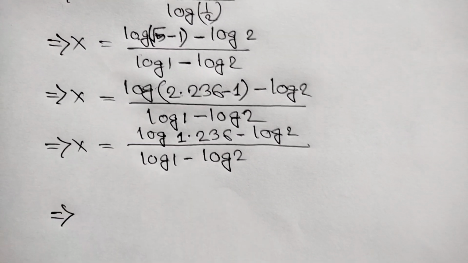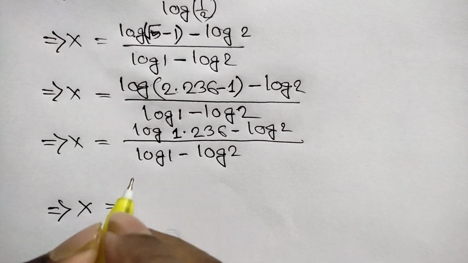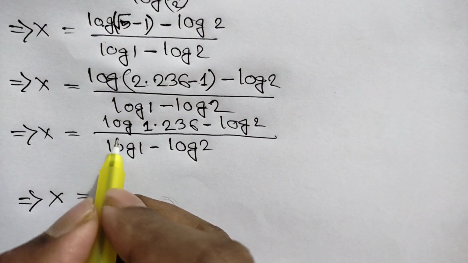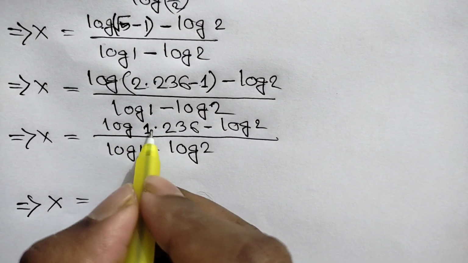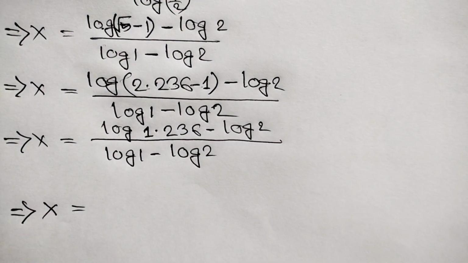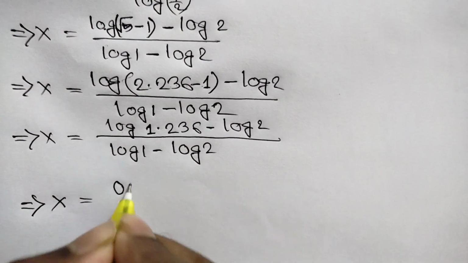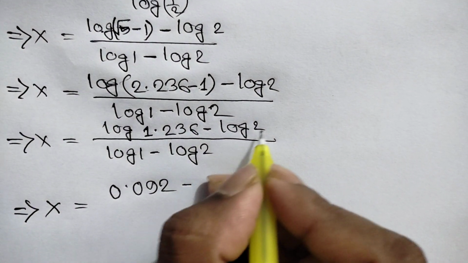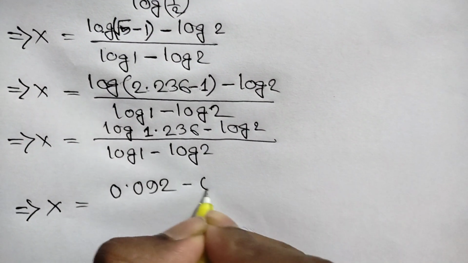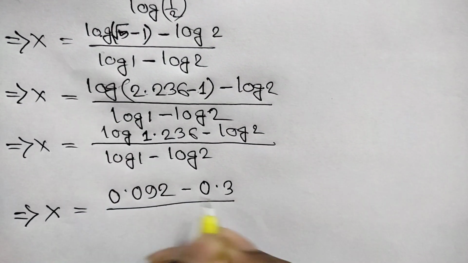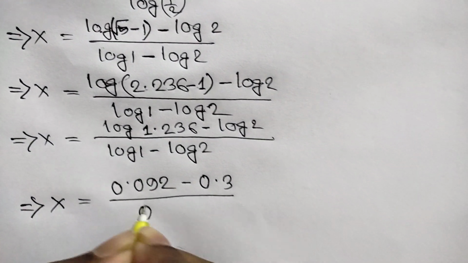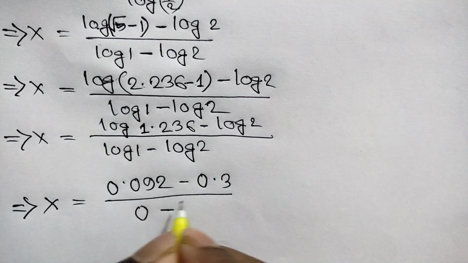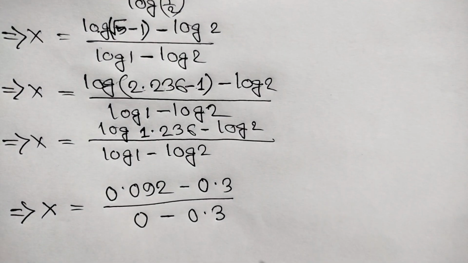The approximate value of log 1.236 is 0.092, minus the approximate value of log 2, which is 0.3, over log 1, that means 0, minus log 2, the approximate value of log 2 is 0.3.